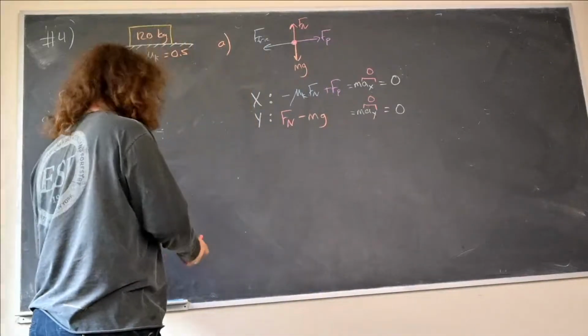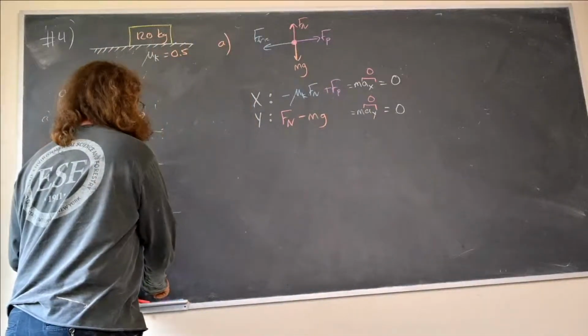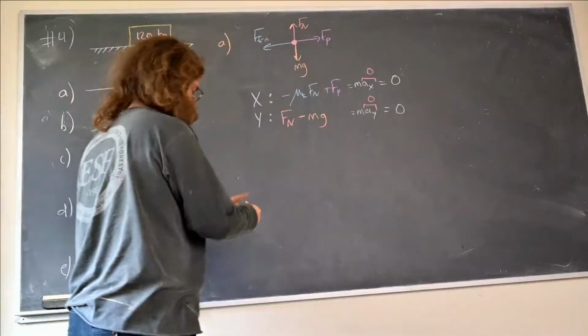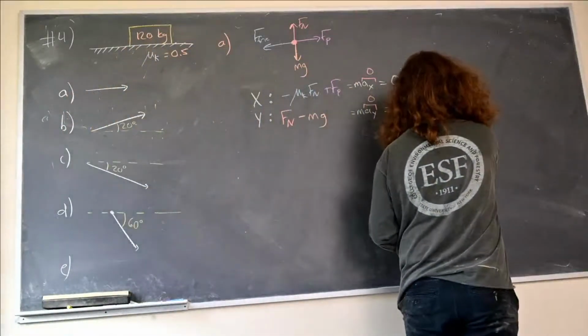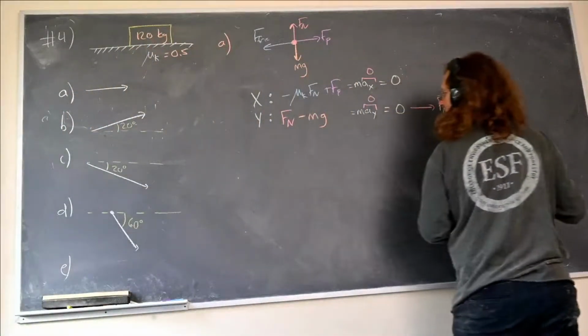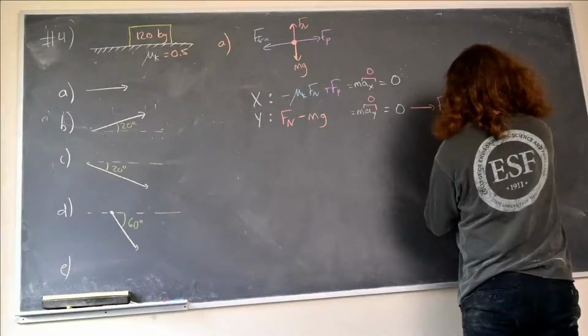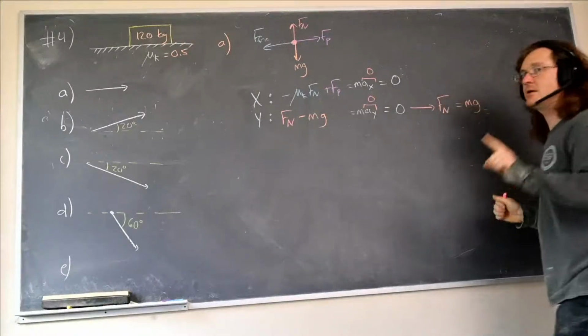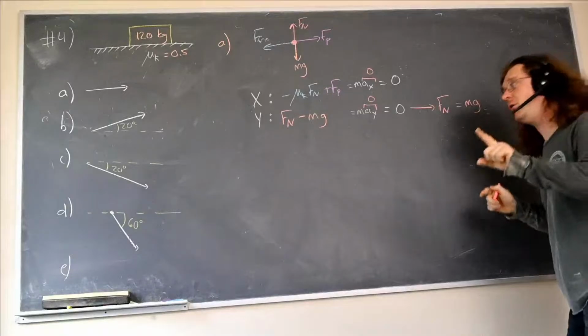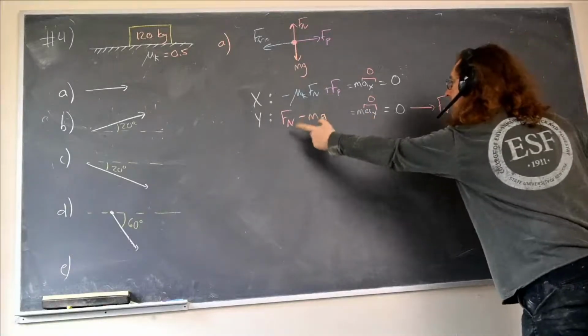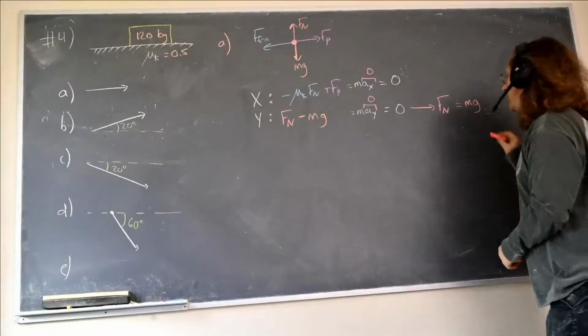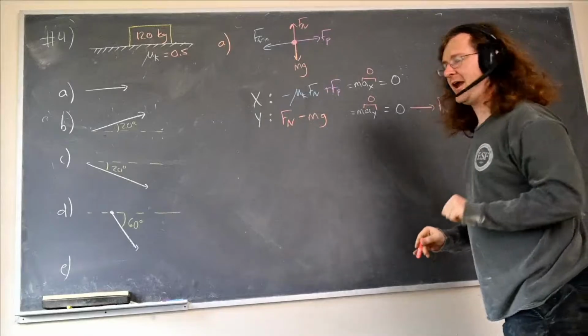So in the y direction, we get that the normal force equals mg. This is not always true. It's only true here because I have no other forces in the y direction. That's going to change.